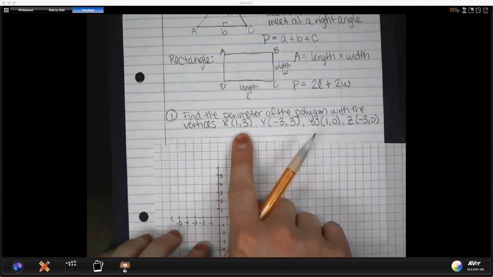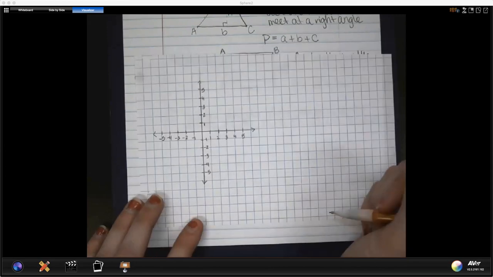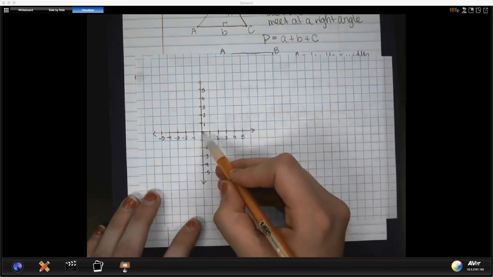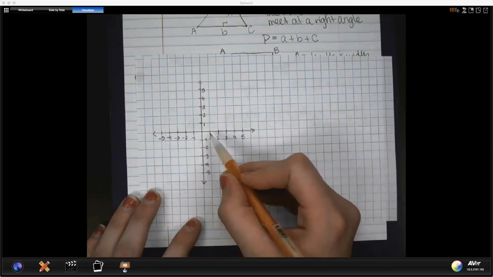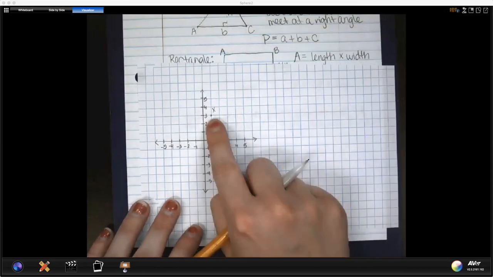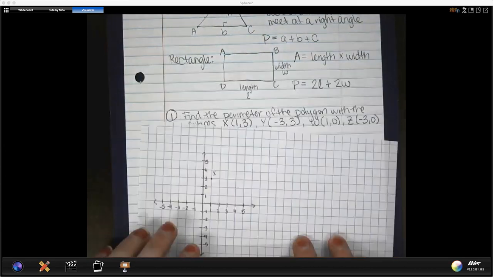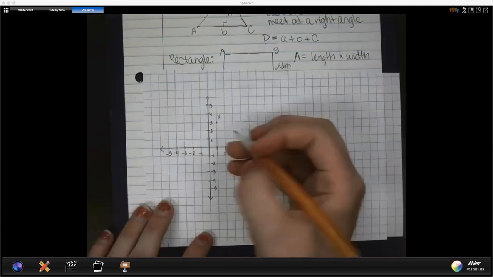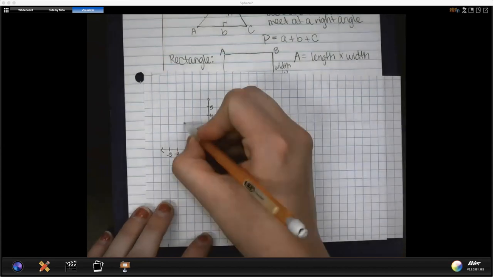So we have X as 1, 3. Okay, so what direction do I go first? Right, and then up 3. I'm gonna label it. Then we have Y at -3, 3. Therefore, I'm going to go left and up 3.